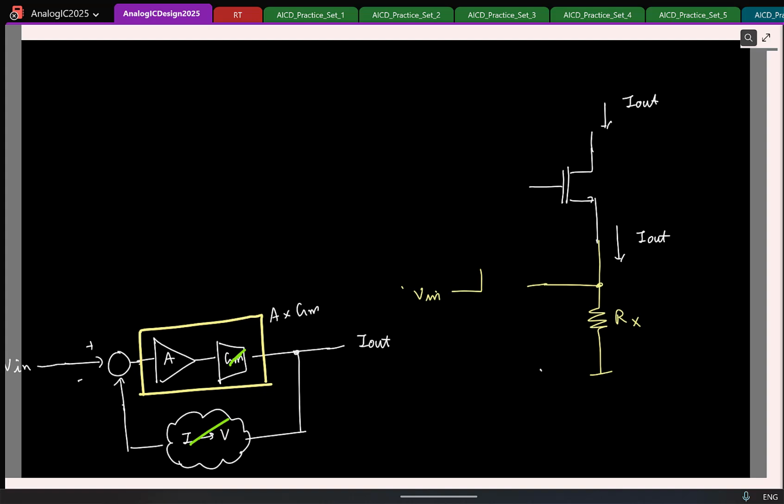So all I need to do is take the difference between the two and amplify it. What is the simplest circuit that you know? Some diff pair, some diff amp. So let us say you put some gain here. And what should be the plus and minus here? If I call this A B, A should be, yeah, you can say A, the input, is the plus side.